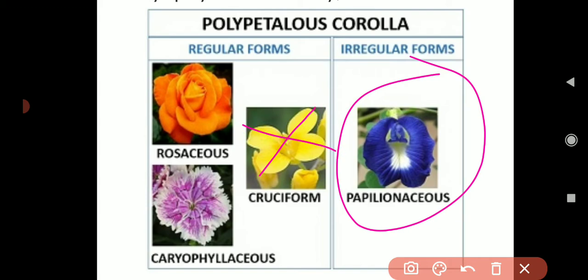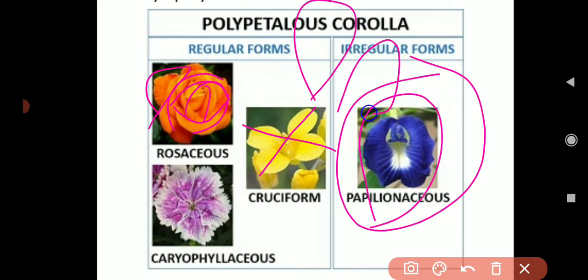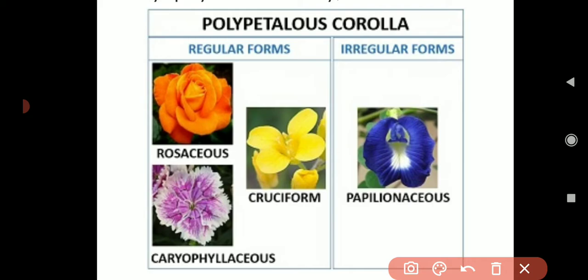And the rosaceous, they alternate with each other, one within, one without, and one odd one is outside. Now let's look in detail. The irregular form is the sweet pea type. You have your standard, your wings, and your keel. Remember, we've already shown you.